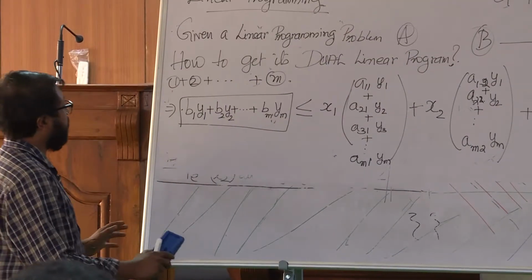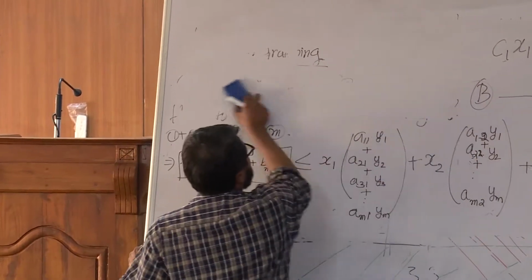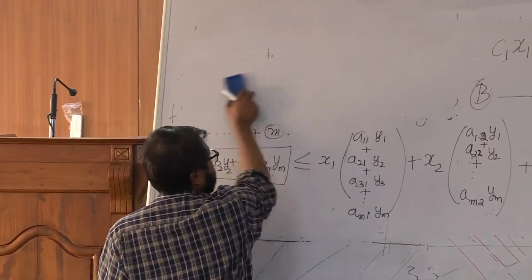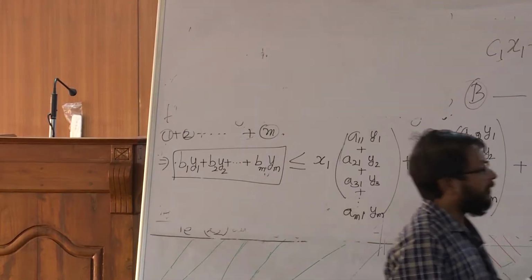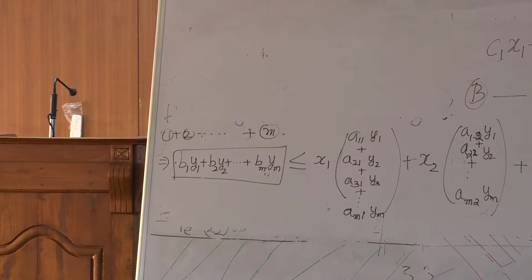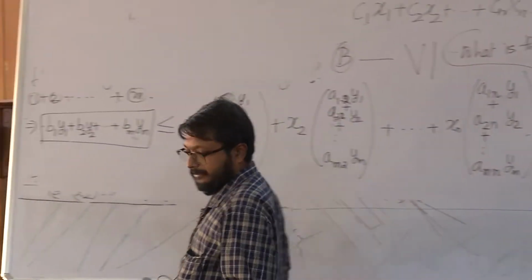So let us write down the consequence of this. What should be the dual linear programming? I have the constraints. What should be the dual objective function? b1 y1 plus bm ym, right?